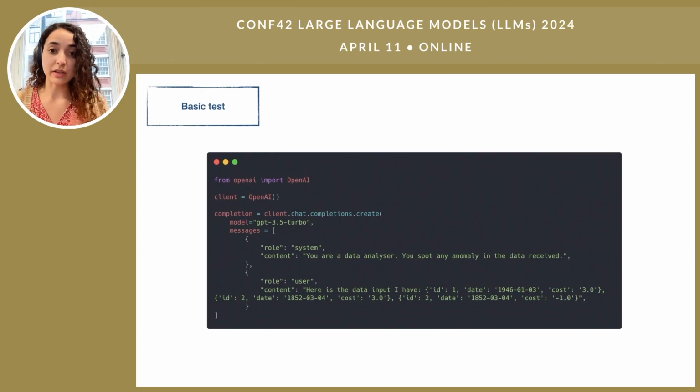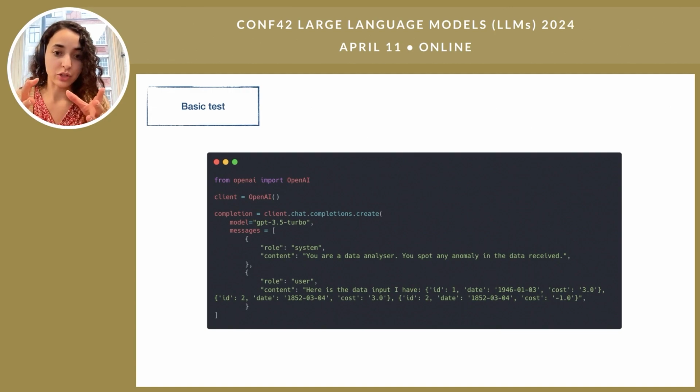If you haven't used OpenAI before, this is what it looks like. You've got a client. In this case, we're using GPT 3.5 as the model, and we're going to send it a sequence of messages, in this case only two. You've got the system message, where we're telling the model that it's a data analyzer that will pick up any anomalies in the data it receives, and then as a user, I'm giving it some examples of data.